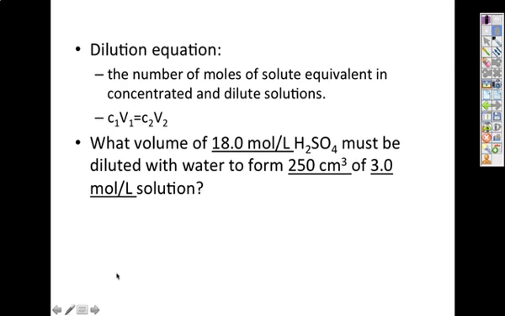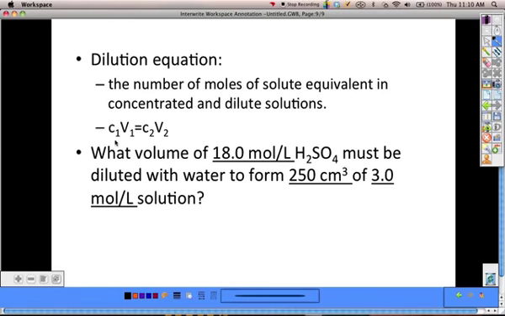So, here's our first example. If we have 18 moles over liters of sulfuric acid, or if that's the concentration that we want, how will we dilute it to form 250 centimeters cubed of 3 mole per liter solution? So initially, I know my concentration, 18.0 moles over liters.